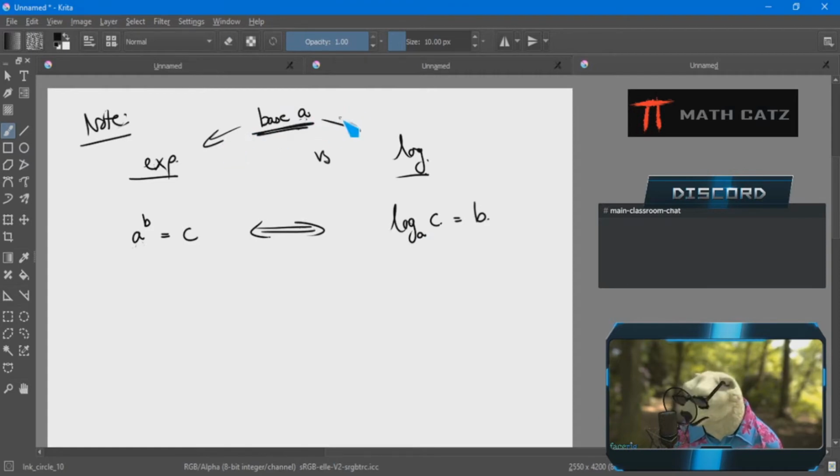You pick it, it's known, it's done, kind of. So a is the base. You give me a b, I raise a to that power, I get an answer c. The log side is the reverse. It says give me the answer, and I'll tell you what the power of a should be to get you there.